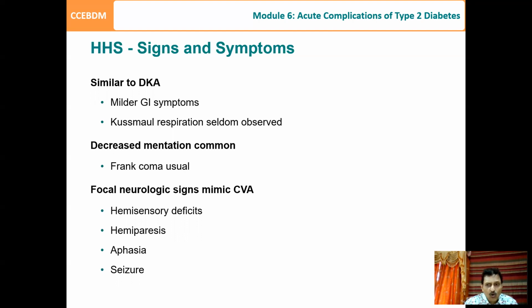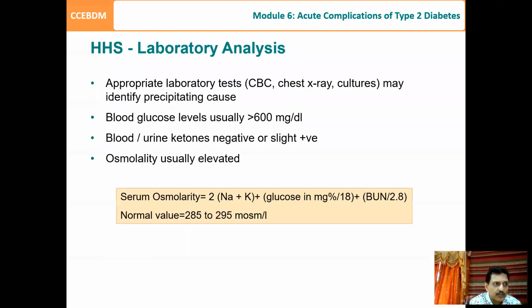And remember, all these neurological deficits are reversible once you treat the patient. So these neurological deficits are not permanent. If the patient does not have a cerebrovascular accident, these neurological signs of hyperosmolar coma are basically reversible.